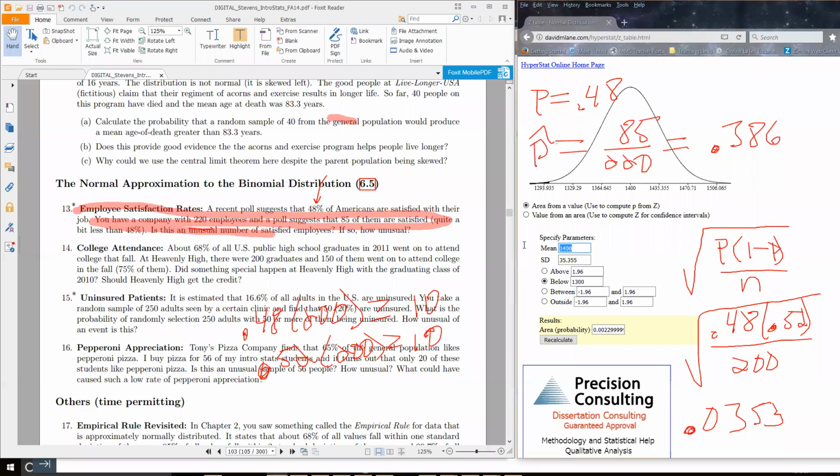I know the mean for this distribution is 0.48. I just calculated that the standard deviation is 0.0353. And I want to know about unusually low, so I'm going to go below my sample proportion of 0.386.